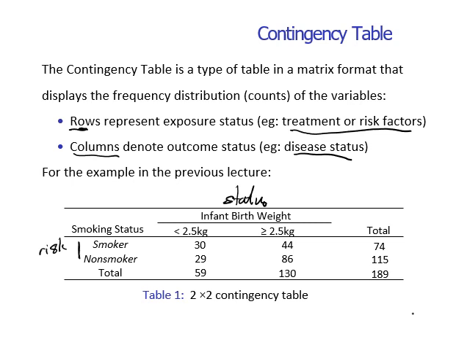The proportion of smokers is actually 74 divided by total 189. So what's the ratio of smokers we have? 74 divided by 189. We get about 39.2%. About 39.15, 39.2%. Right?